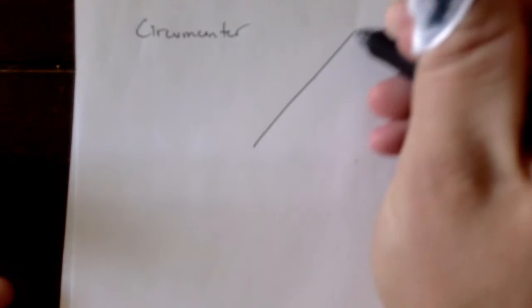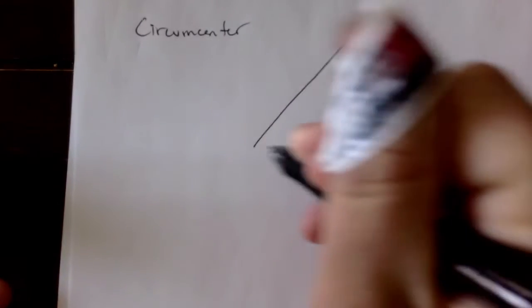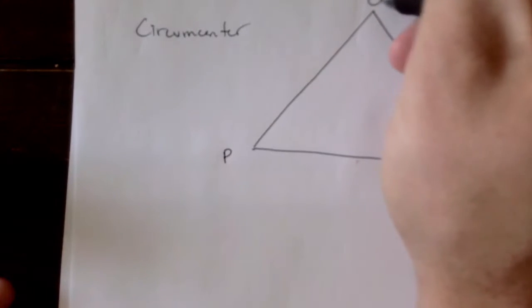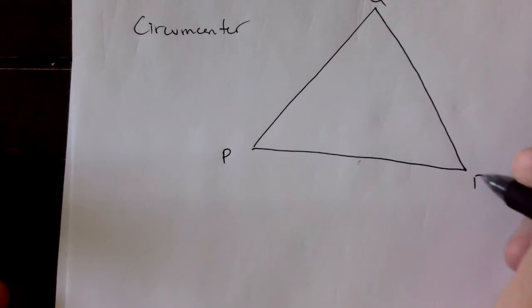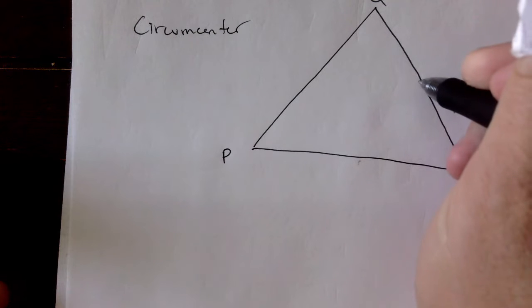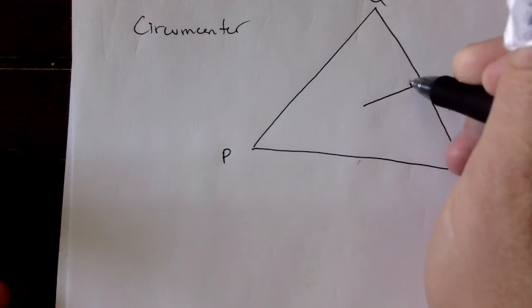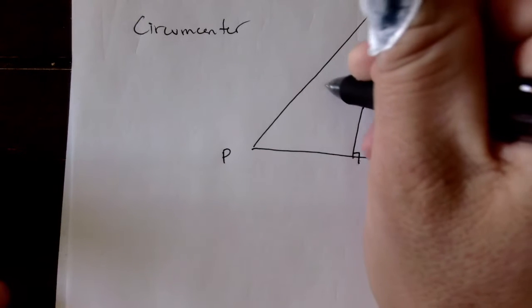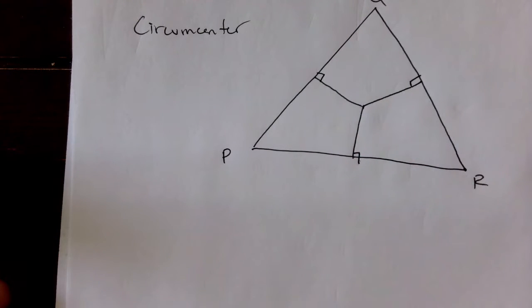So if I have a triangle like this, this is P, and anything I write down gets written down inside your journal, right? Good. So there's a perpendicular bisector, there's a perpendicular bisector, and there's a perpendicular bisector.